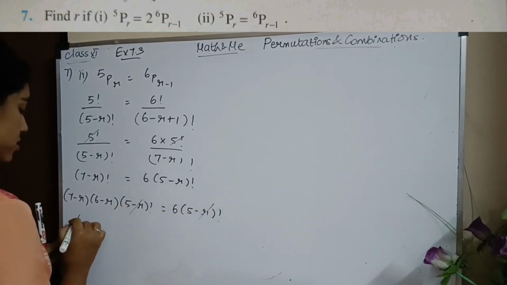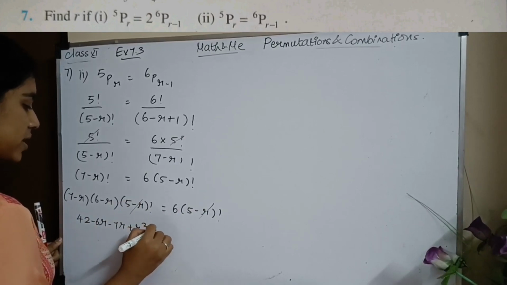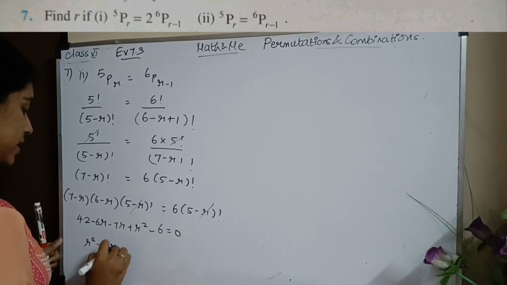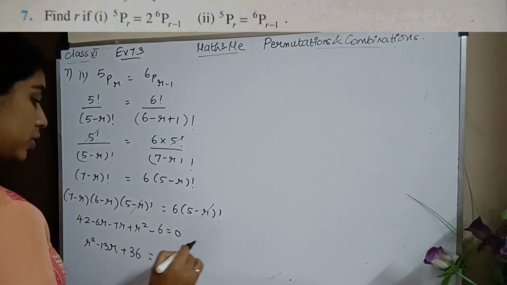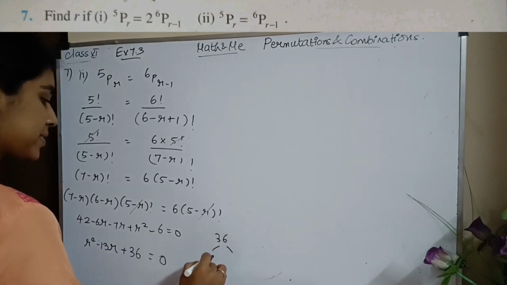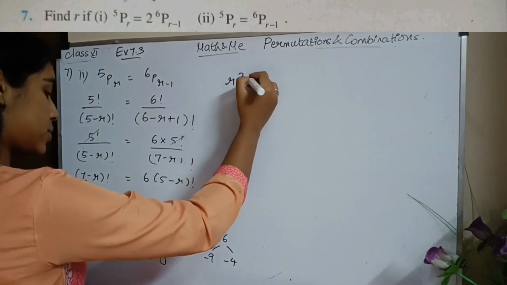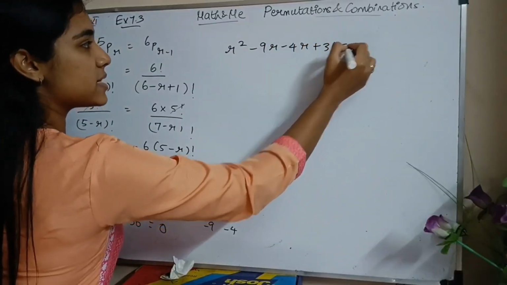So what do I have here: 42 minus 6r minus 7r plus r square minus 6 equals 0. So r square minus 13r, 42 minus 6 is plus 36. I need plus 36, so 9 4s are 36, minus 9 minus 4. So I'll have r square minus 9r minus 4r plus 36 equals 0.